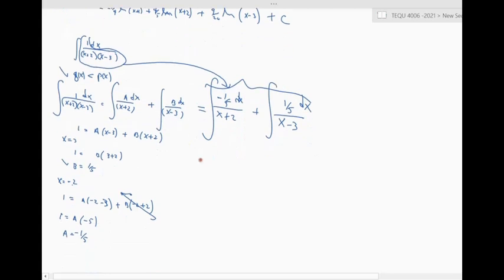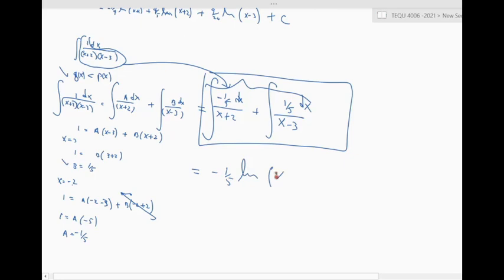The only thing I care about to do this integral is this part here, which is very simple to work, because the result here would be negative 1 over 5 times the log of (x plus 2), plus 1 over 5 times the log of (x minus 3), plus a constant of integration.